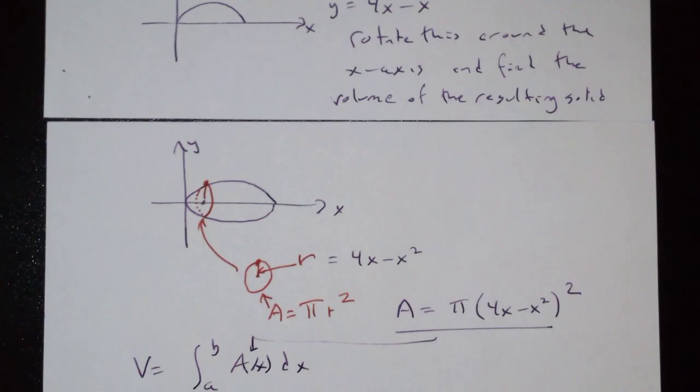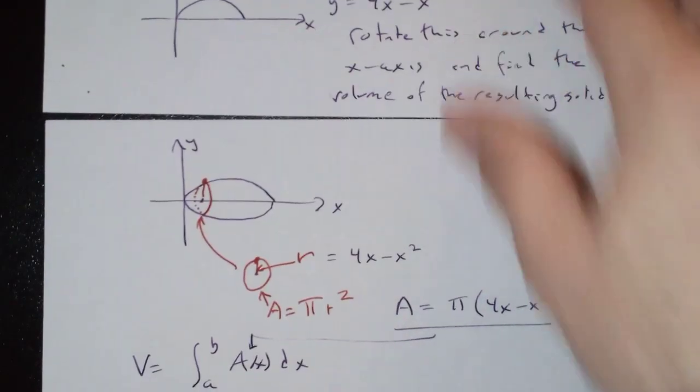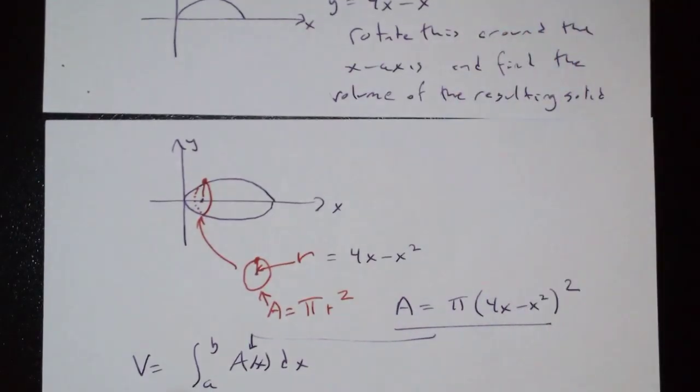Now the only other thing I need to know is where we start and where we end. What are the A and the B in this problem? When the y of the equation is equal to 0.